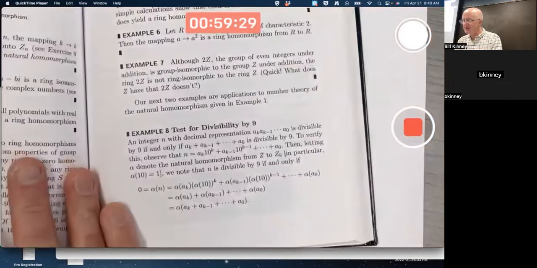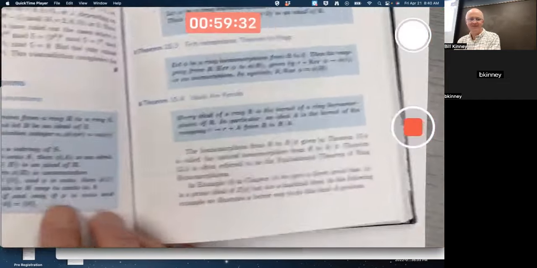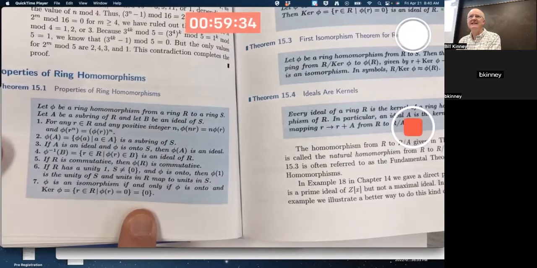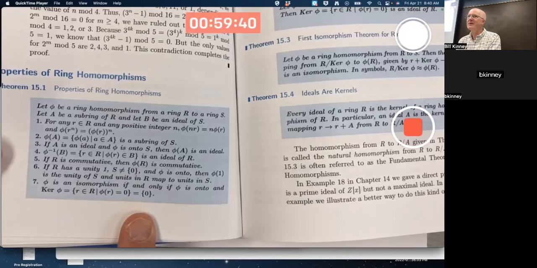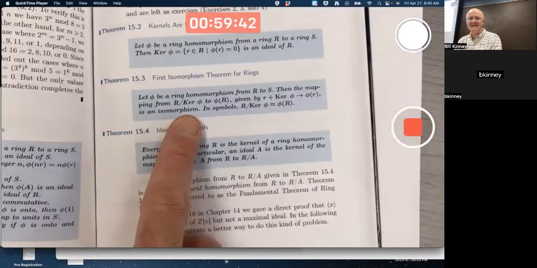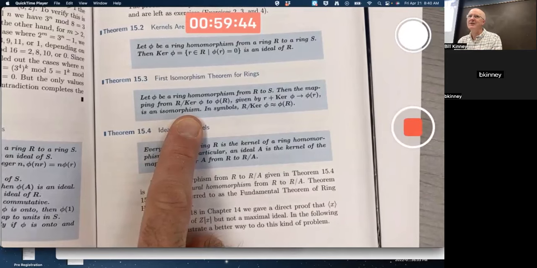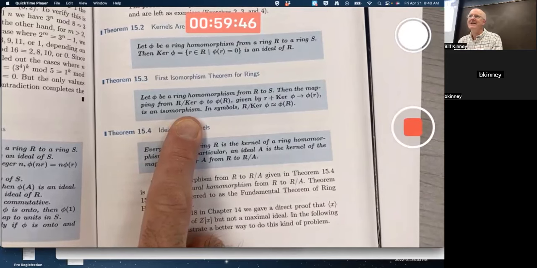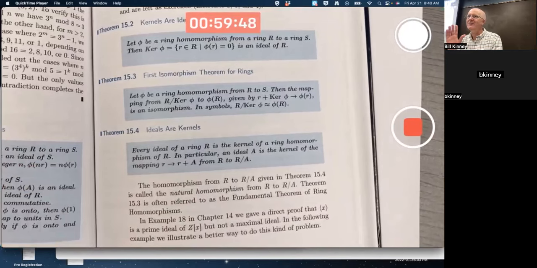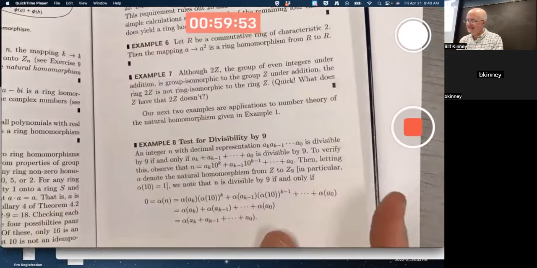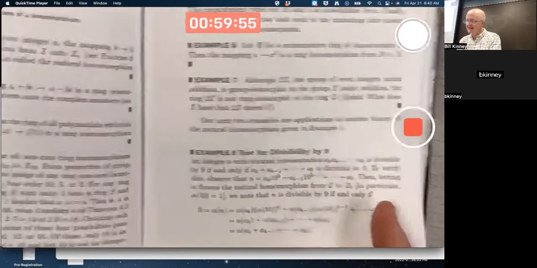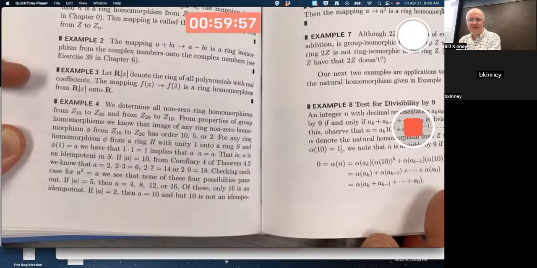Similar kinds of properties hold. Long list of properties. There's a first isomorphism theorem for rings. There it is. Very similar to the one for groups. More importantly, over the weekend, really study the examples, and I would say especially examples 4 and 5.